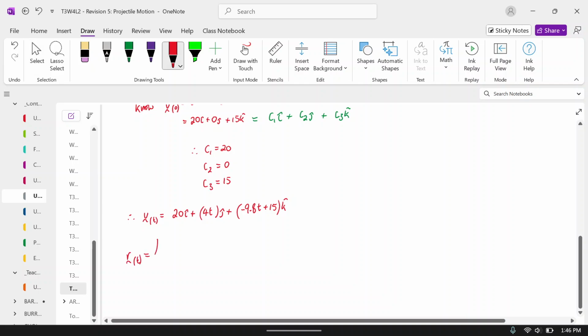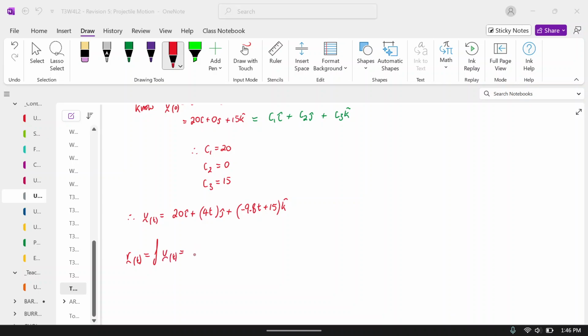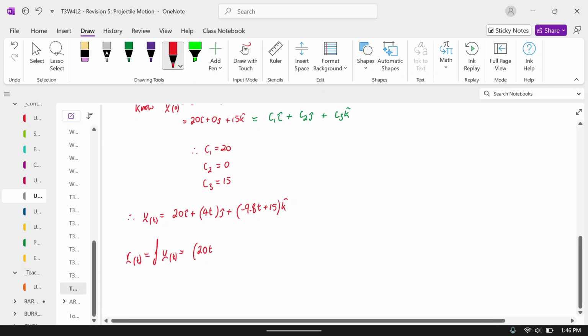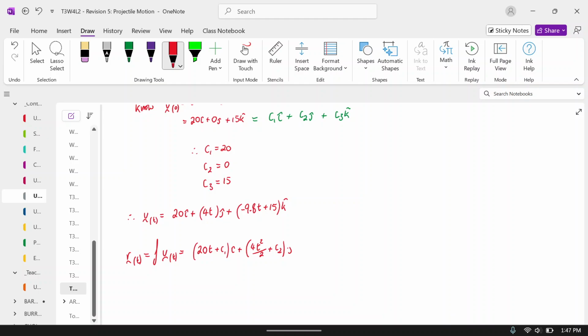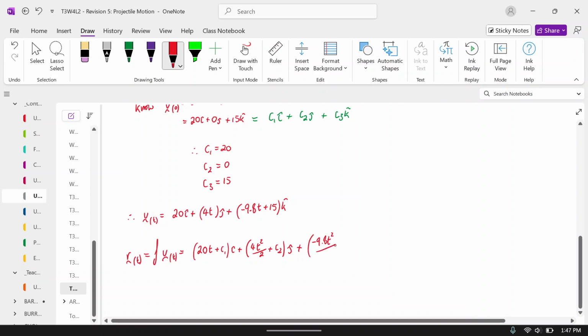My displacement is the integral of velocity. So I'm going to have now 20t plus c1 i. I'm going to have 2t squared plus c2j. And I'm going to have negative 4.9t squared plus 15t plus c3k.